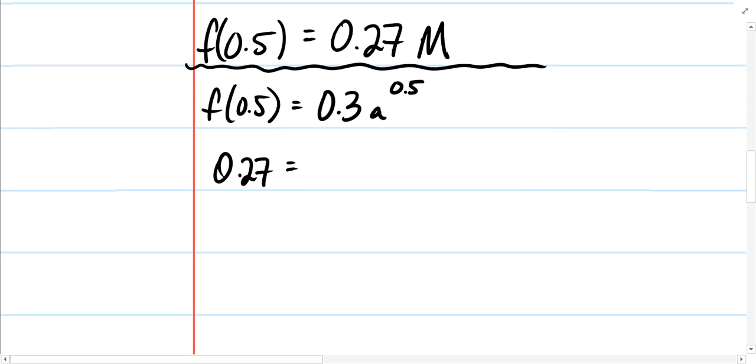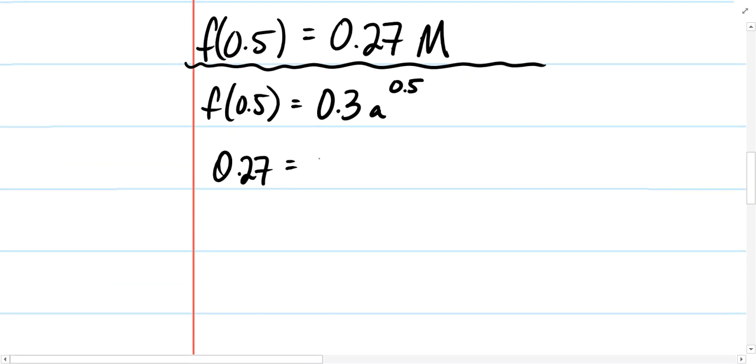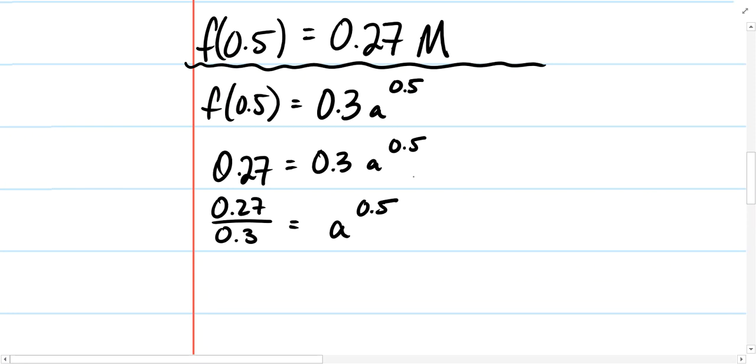So now we've got the expression 0.27 equals 0.3a to the 0.5 power. I'll divide both sides by 0.3, and I'm not going to reach for a calculator. I'm not interested in the result of this at all, because I don't want to round until the very last step or the final result.